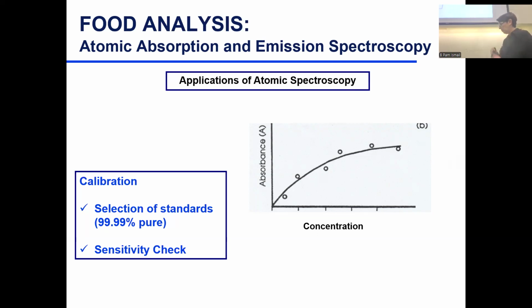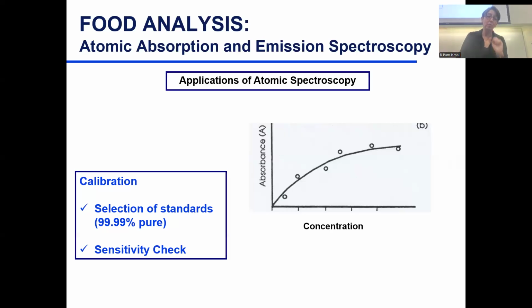So we will prepare standards at 5 different concentrations, construct a curve, and make sure our samples are within the linear range so that the linear equation of the line applies. Otherwise, if your sample concentration is outside of the linearity of your curve, then you will have either over or underestimation.